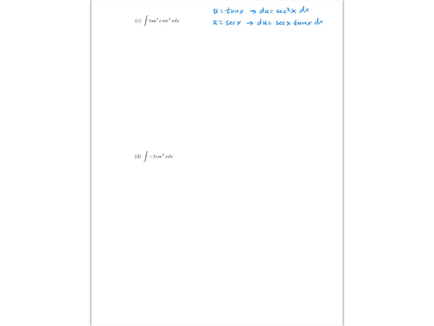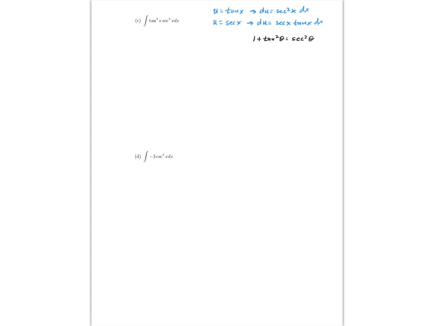Well, for that, notice that you have secant cubed here, so you won't be able to have a secant squared by itself. I mean, you can have secant squared, but then you have secant times tangent cubed. So you will not be able to write everything in terms of tangent without having a radical, because you also have to use this identity. Remember that 1 plus tangent squared theta is equal to secant squared theta.